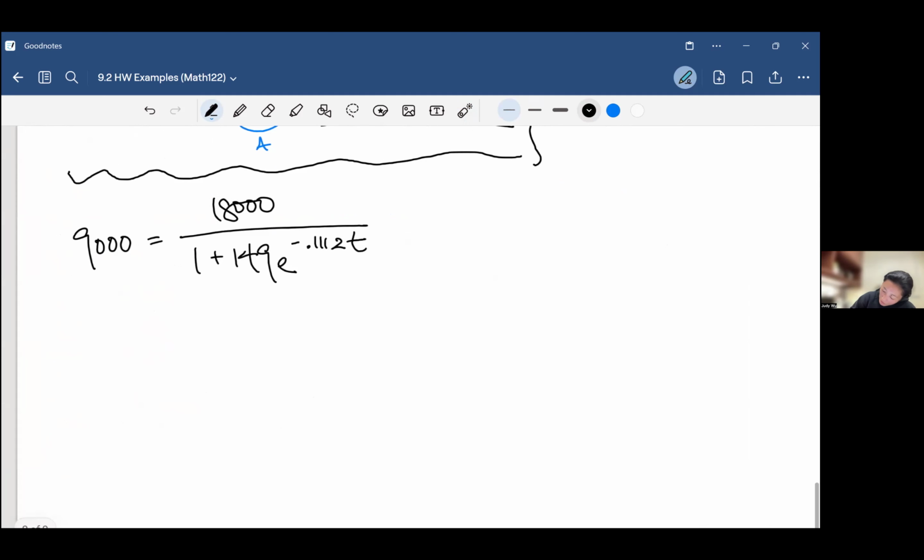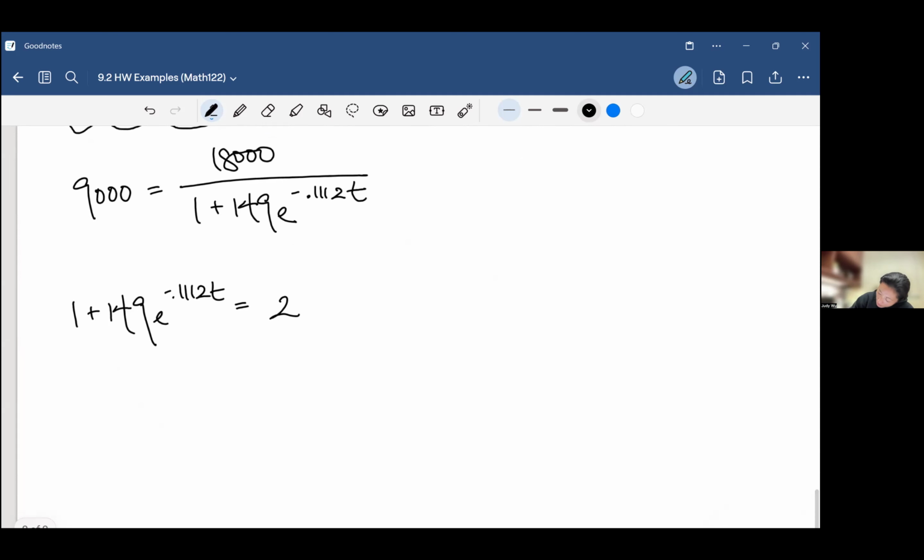Okay, so we'll do something similar to before. We're going to multiply that denominator over, and take 18,000 and divide it by 9,000, which will give us 2. Okay. I'm going to subtract 1, and divide by 149. So I'm going to get e to the negative 0.1112 t equals 1 over 149.